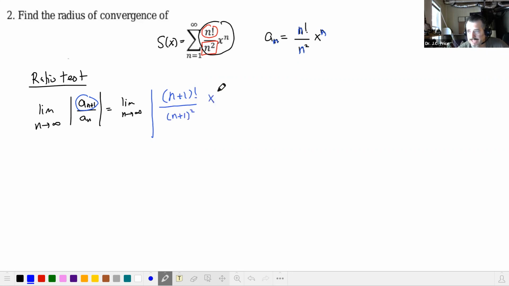And then I have an x to the, and just for fun, so you can see that idea of putting parentheses on it, it still works, right? You don't actually need parentheses on the top part there, but you can just leave it. And we'll drop them off in a minute. And then this is going to be divided by a sub n, and so that you just copy down. So that's n factorial over n squared times x to the n. And of course, that's all inside an absolute value.